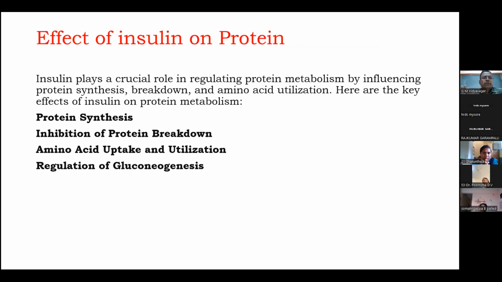Then there is the insulin impact on the regulation of protein metabolism by influencing protein synthesis, breakdown of proteins, and utilization of amino acids. There are 4 stages: protein synthesis, inhibition of protein breakdown, amino acid uptake and utilization, and regulation of gluconeogenesis.